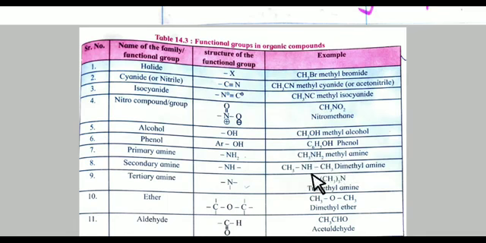R2NH has 2 CH3, meaning 2 alkyl groups. R3N has 3 alkyl groups attached with N. So these are the amines.